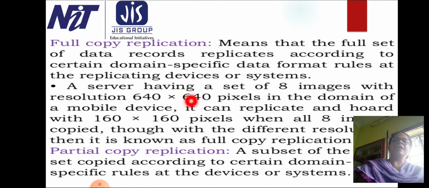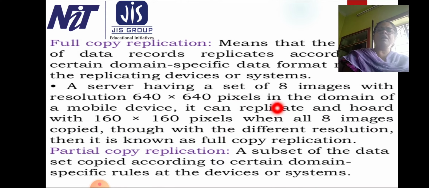A server having a set of 8 images with resolution 640 by 640 pixels, in the domain of a mobile device, can replicate and hoard them at 160 by 160 pixels when all 8 images are copied with the different resolution. Then it is known as full copy replication.